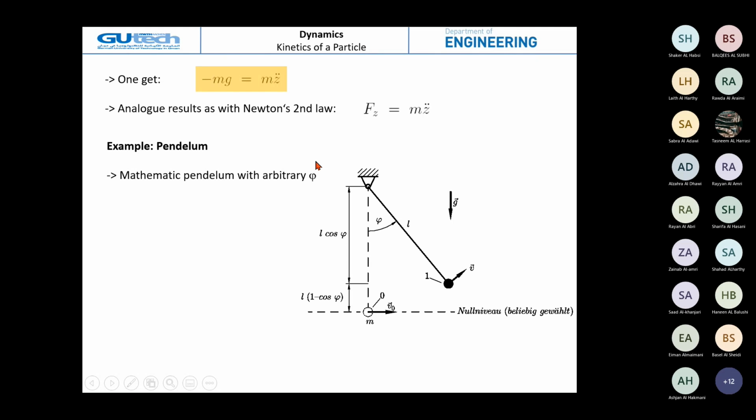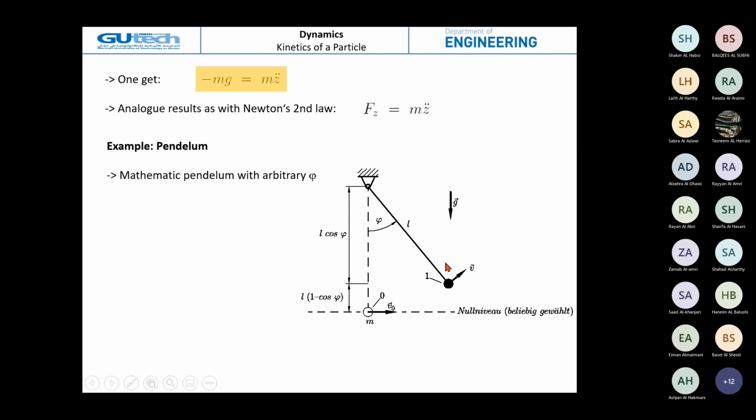We take the case, for example, of the pendulum, where we have seen already this with the method of Newton's law and D'Alembert. Then we take this mathematical pendulum with an arbitrary angle phi.